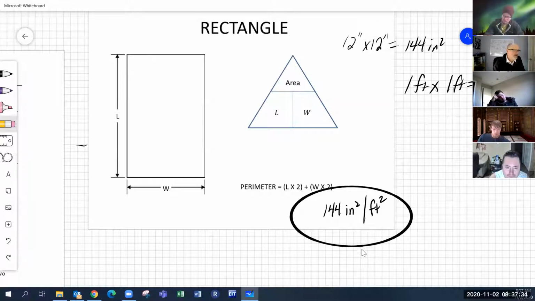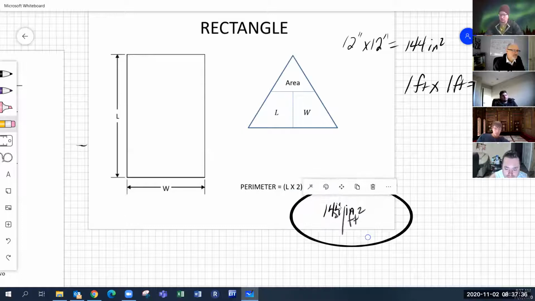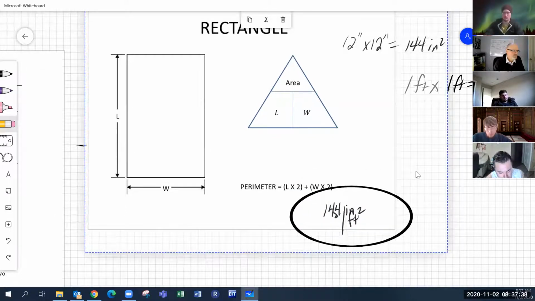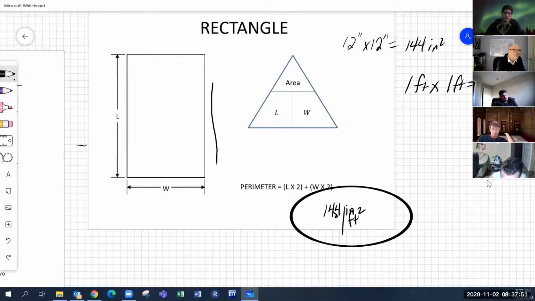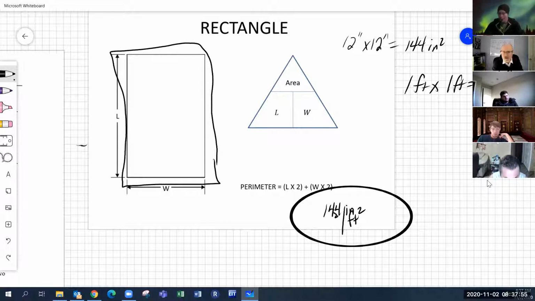The perimeter of a rectangle is a little different, right? Perimeter, if I go back into what perimeter means, is basically around. It is the outside distance around any object.